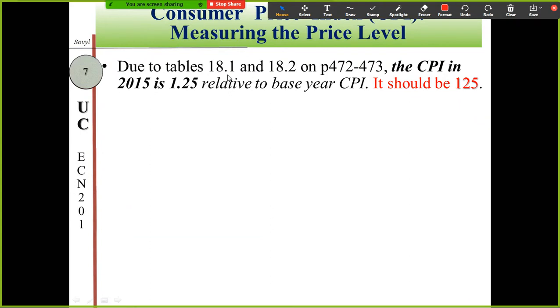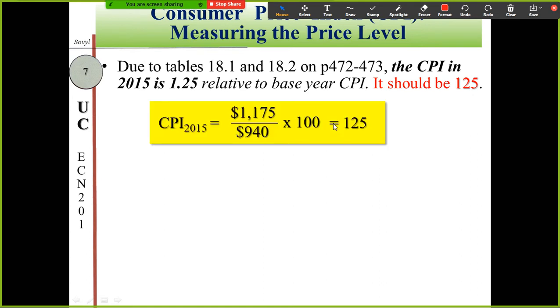From tables 18.1 and 18.2 on this page of your textbook, we can see that the CPI in 2015 is 1.25 relative to the base year CPI. Based on 18.1 and 18.2, the base year is 2010. Your textbook shows CPI 2015 as 1.25, but it should be 125.